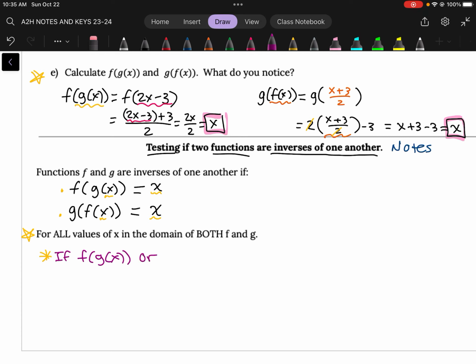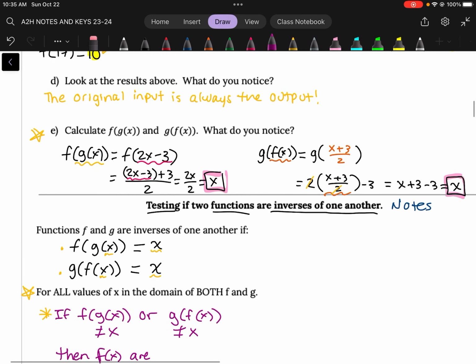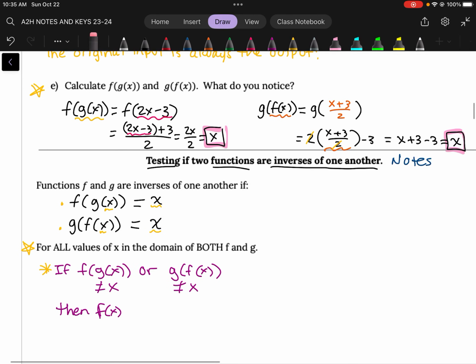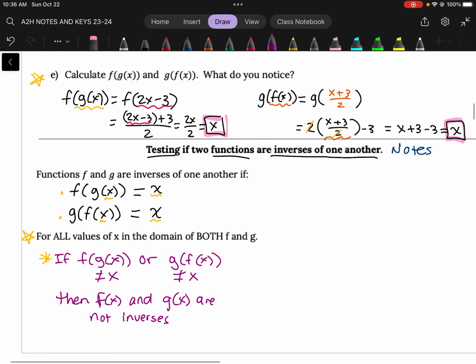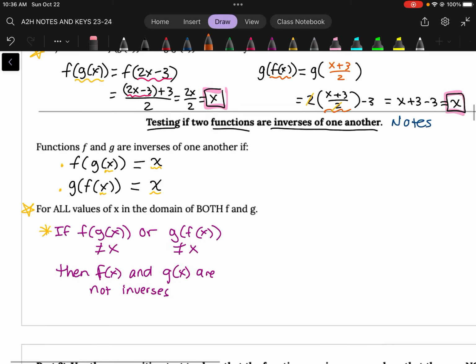If f of g of x or g of f of x, if either one of these doesn't equal x, then they are not inverses. Okay? So you can stop. If you find that one of them doesn't work, just stop. You're done, right? You've concluded that they're not inverses, okay?